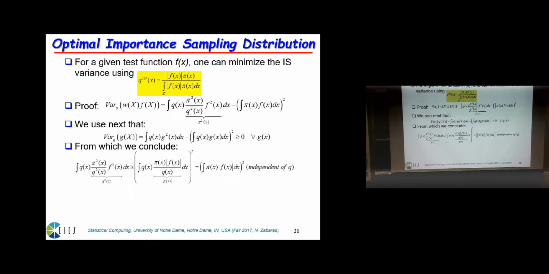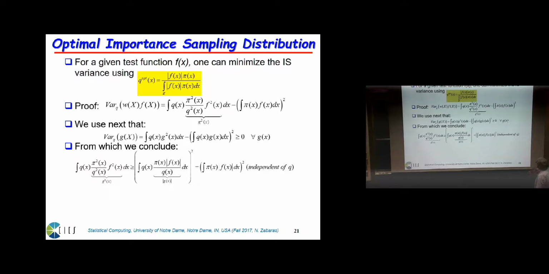Effectively, I'm going to plug in g to be pi over q times f. So this is always greater or equal than this thing squared. And since I do this inequality, my g is really pi over q, because they are positive, times the absolute value of f. You see that? Make sense?